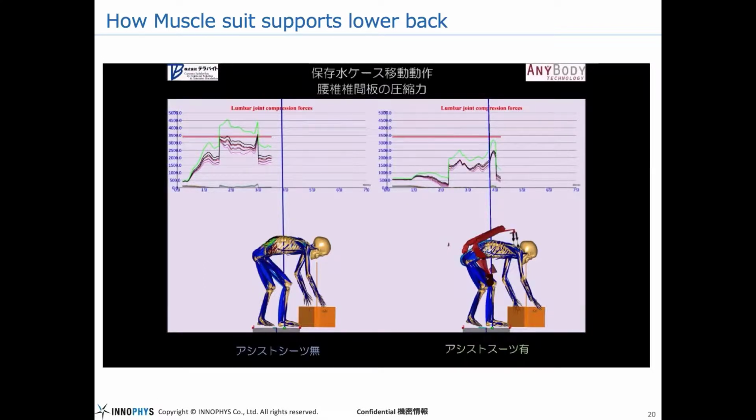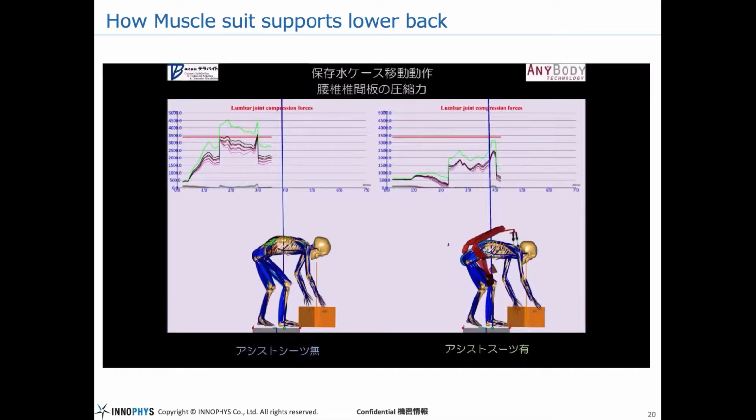When lifting and moving a box without the Muscle Suit, on the left-hand side, as you lean forward, the compression force increases. I think you can see it on the graph. But with the Muscle Suit, on the right-hand side, since the wearable device supports the lower back, the compression force remains almost flat.